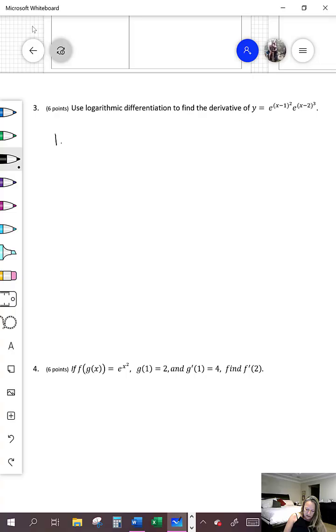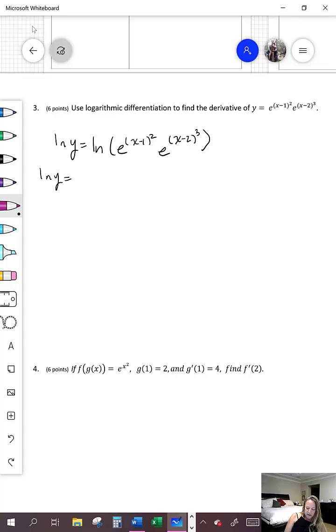And the natural log of y is equal to the natural log of (e raised to the x minus 1) quantity squared, all times (e raised to the x minus 2) quantity cubed. So let's use properties of logs.